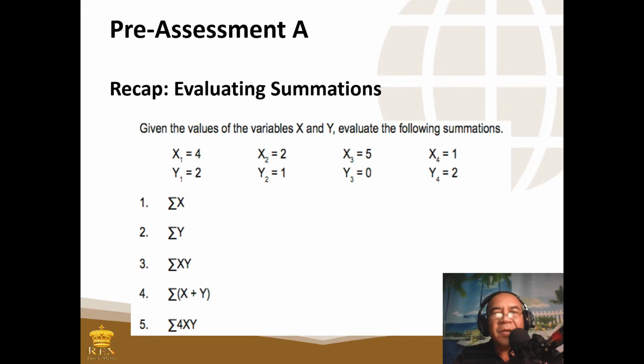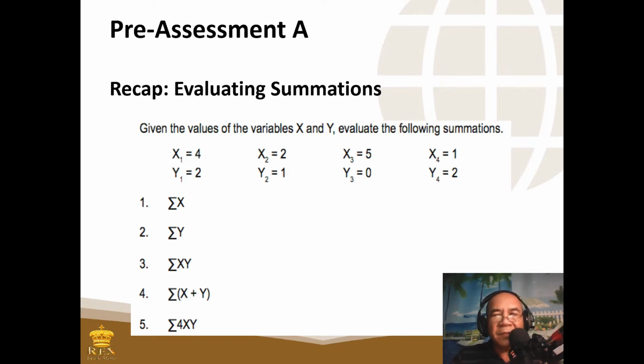So we have this pre-assessment, and let's have a recap about evaluating summations. Given the values of the variables x and y, we are asked to evaluate the following summations. So if we have x sub 1 equals 4, x sub 2 equals 2, x sub 3 equals 5, x sub 4 equals 1, y sub 1 equals 2, y sub 2 equals 1, y sub 3 equals 0, and y sub 4 equals 2.